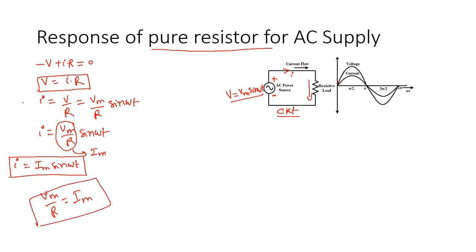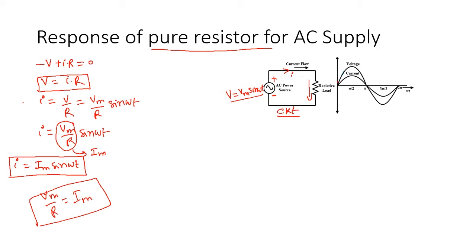This one is the supply voltage, and we got a response, that is I is equal to Im sin omega t. Now we have to find the phase difference between this supply voltage and the current.